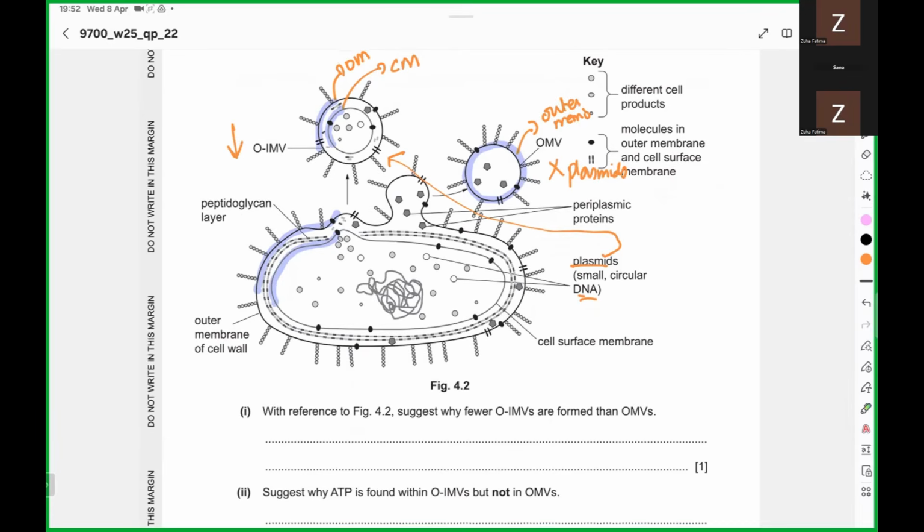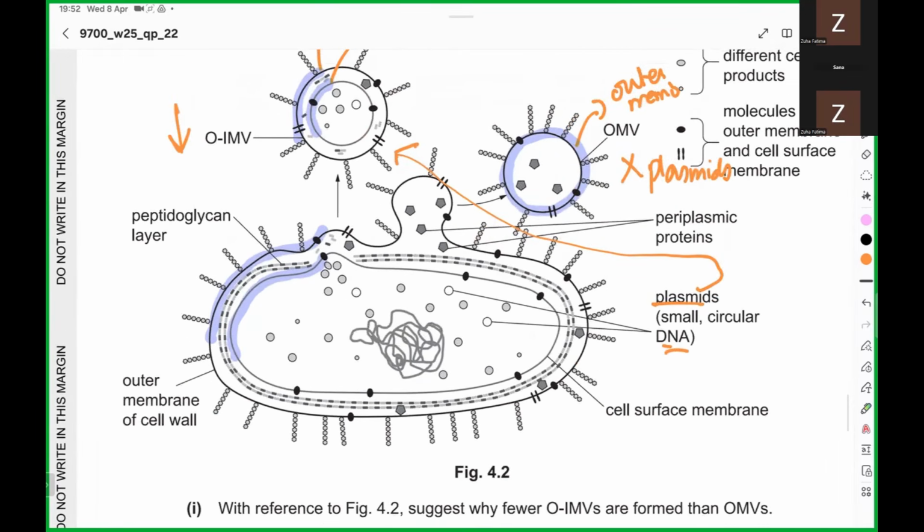It is because we can see कि हमारे पास OMV form करने के लिए सिर्फ हमारी outer membrane क्या कहती हैं, fold हो रही है, और outer membrane eventually pinch off करके OMV बना रही है.